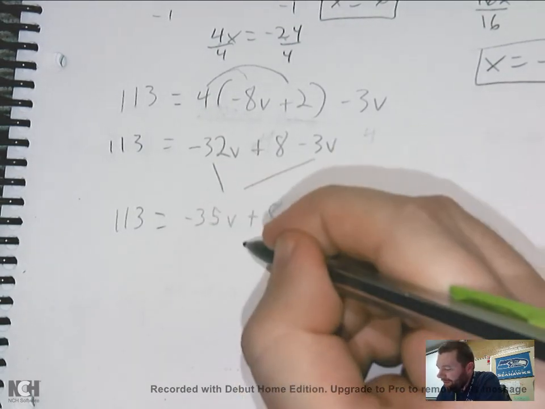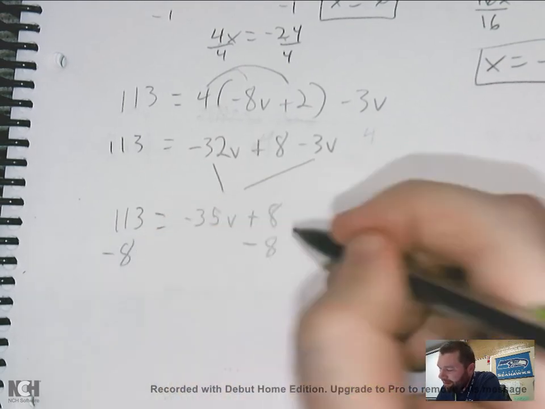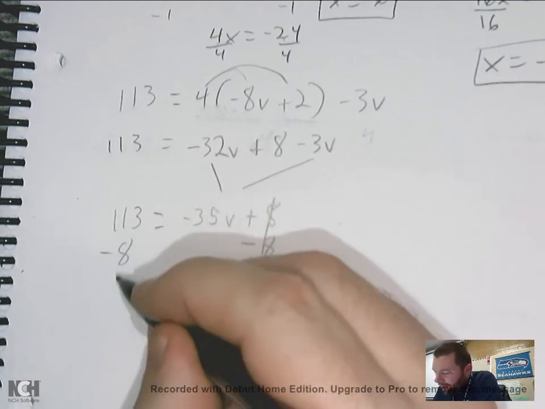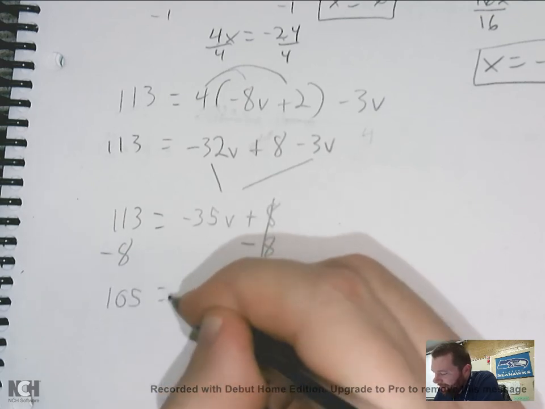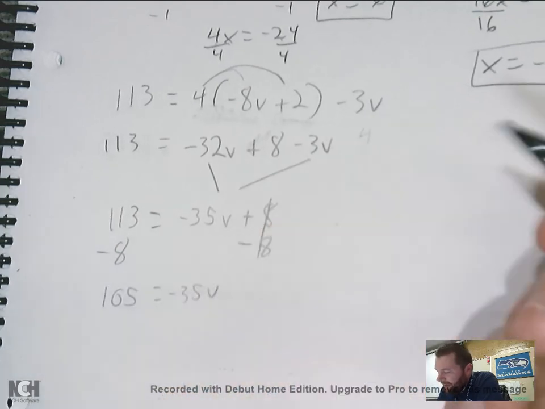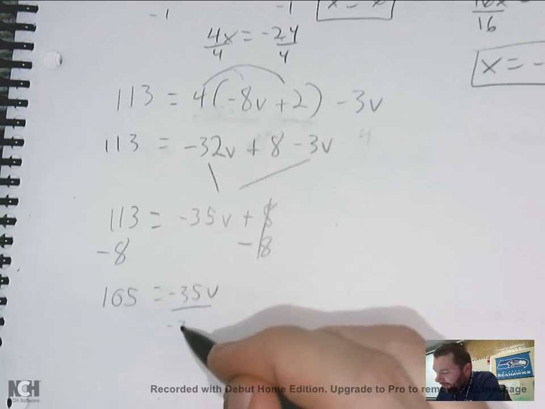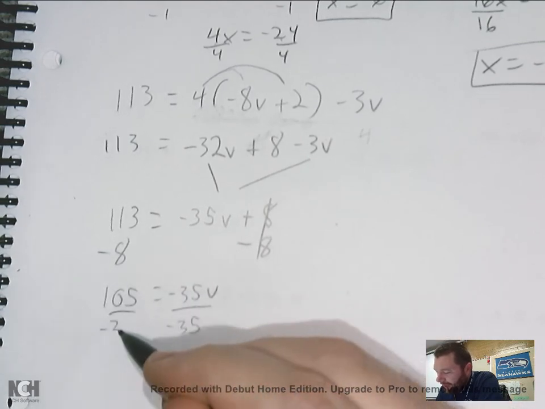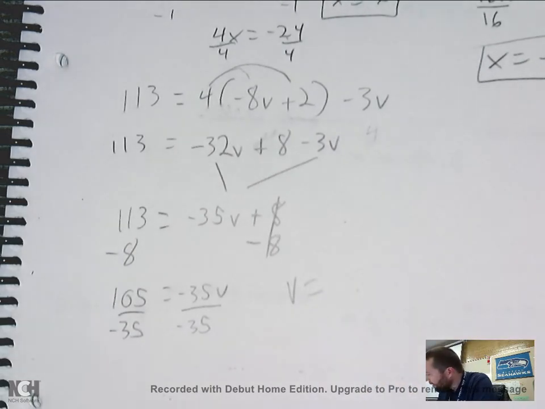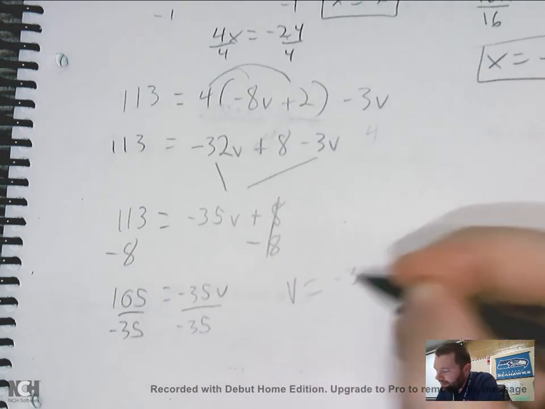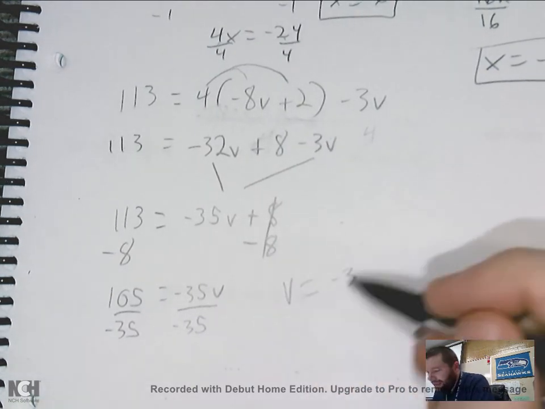He's adding, so I have to subtract 8 from each side. Cancels out there. 113 minus 8 is going to be 105 equals negative 35v. Then you divide by negative 35 on each side. And v is going to equal 105 divided by negative 35, which is negative 3. And that is my answer.